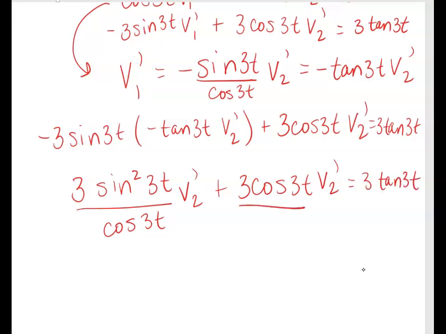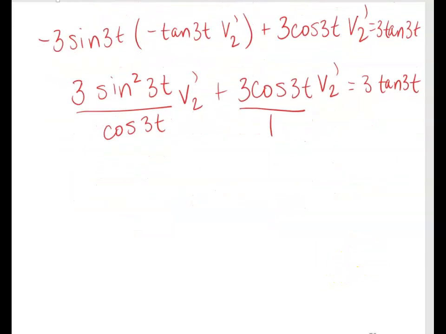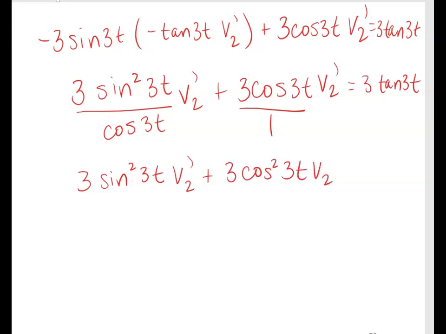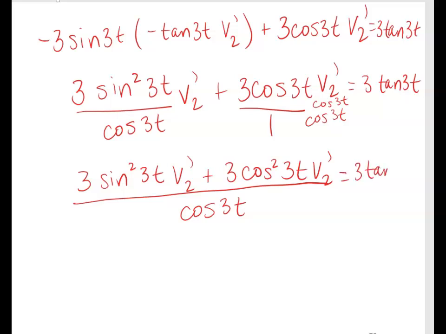And then if we get a common denominator between these two, the common denominator will be cosine, so I wind up with 3 times the sine squared of 3t times v2 prime plus 3 times cosine squared of 3t times v2 prime, right? I'm getting a common denominator, multiply this term by cosine of 3t on the top and bottom, all over cosine of 3t equals 3 tangent of 3t, and hopefully that trig identity is popping out at you.